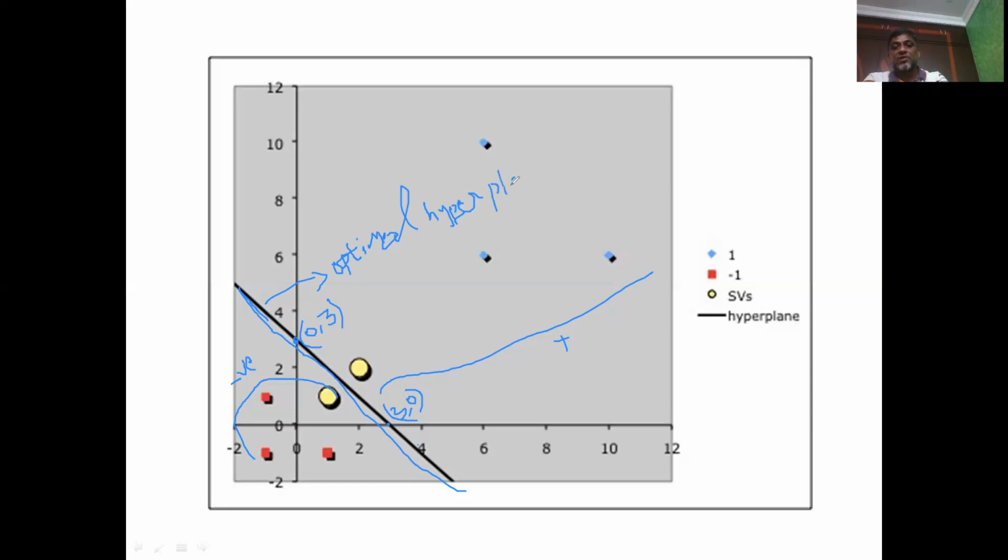Practice this problem again, and you will understand it. If you practice this problem, it is a bonus that you identified all the steps in linear SVM also. If you go through the algorithm steps, only the first step is different. What is that first step? Performing a non-linear mapping. That is the only difference between linear SVM and non-linear SVM.